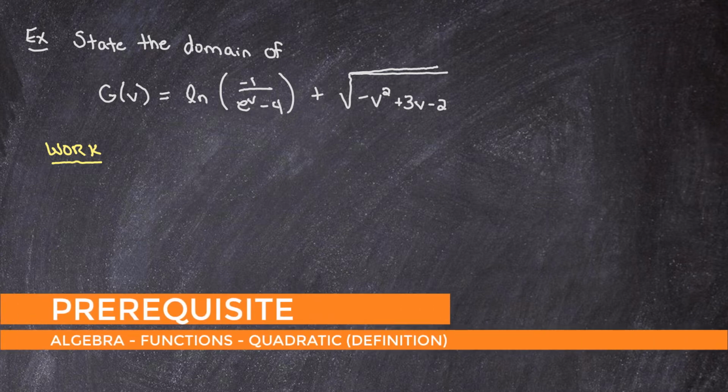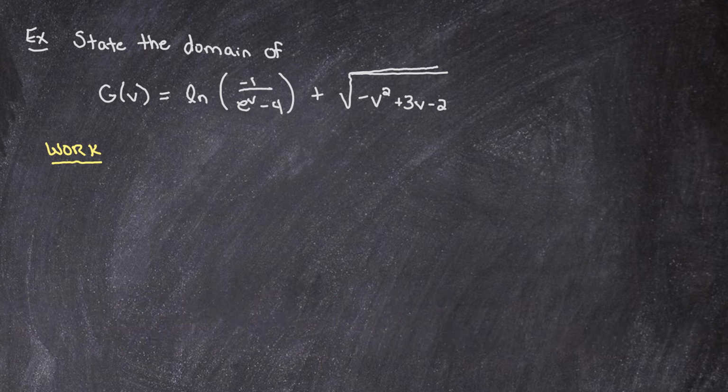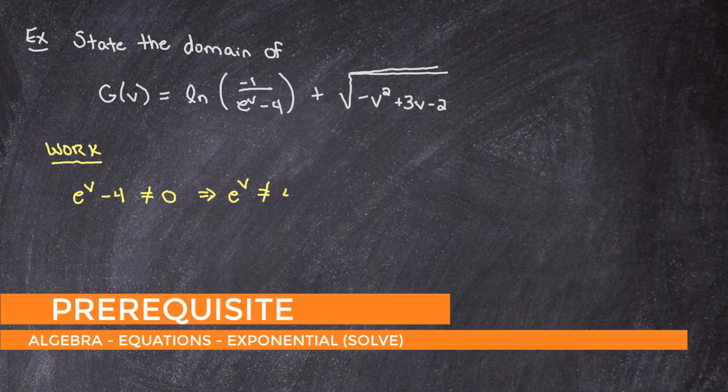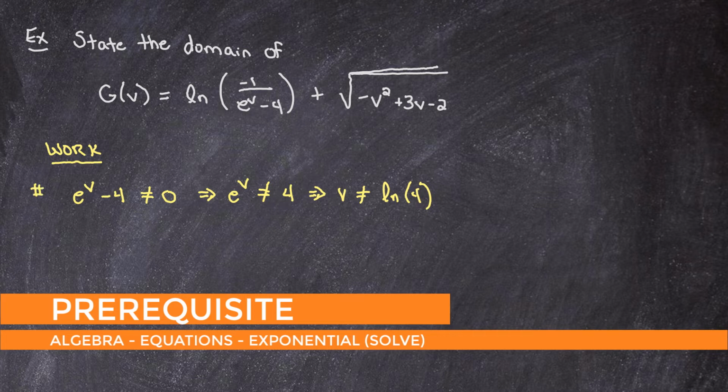What you need to remember is the order of operations. Work from the innermost parenthesis outward. So I'm going to focus for a moment on that -1 over e to the v minus 4. Specifically, I'm going to mention that e to the v minus 4 can't be 0, which gives us our first domain restriction, that v itself cannot be the natural log of 4.